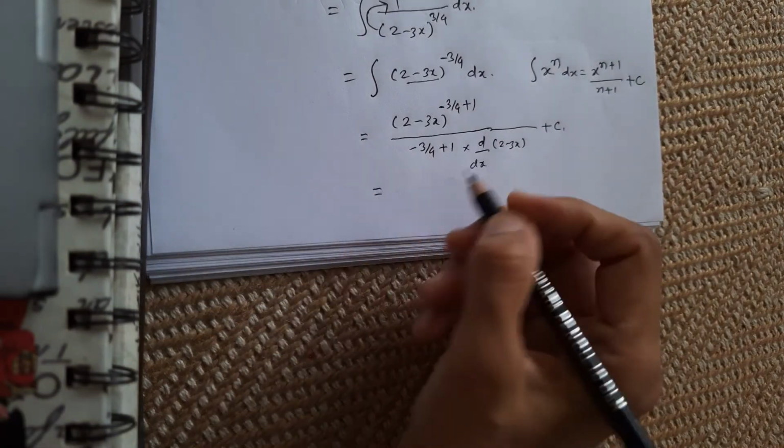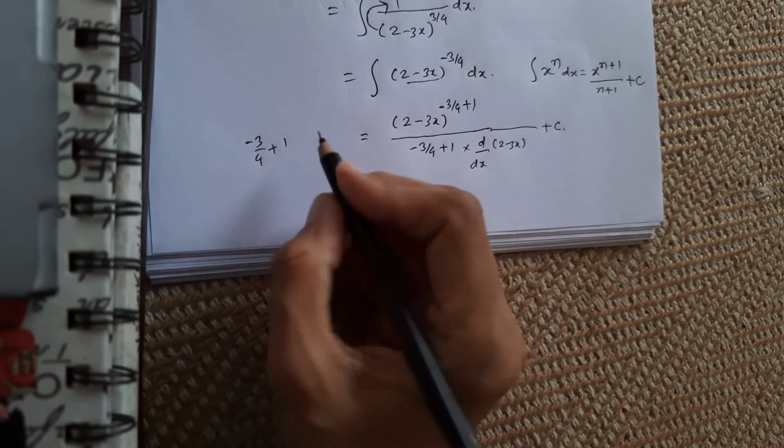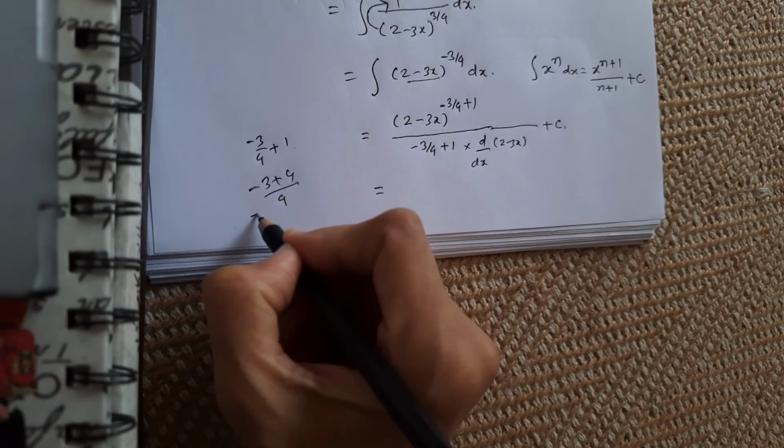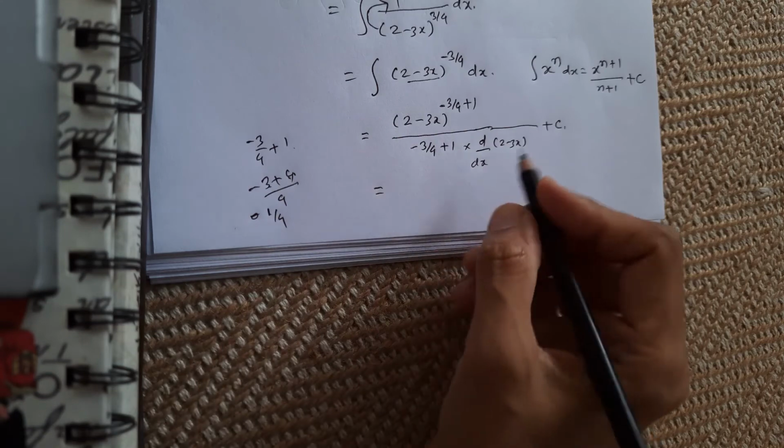So now minus 3 by 4 plus 1 is nothing but minus 3 plus 4 upon 4, which equals 1 by 4.